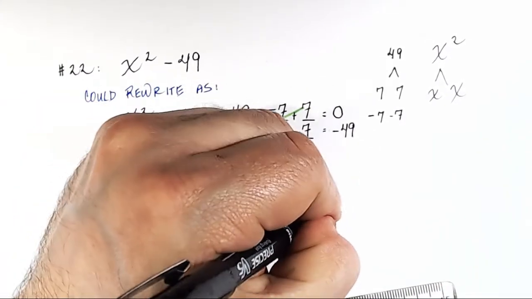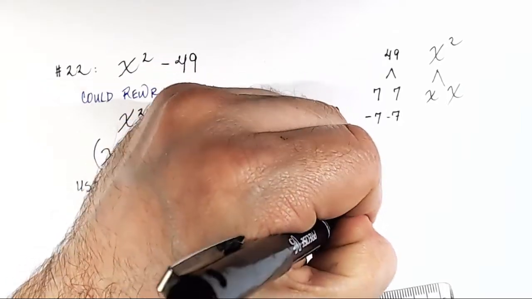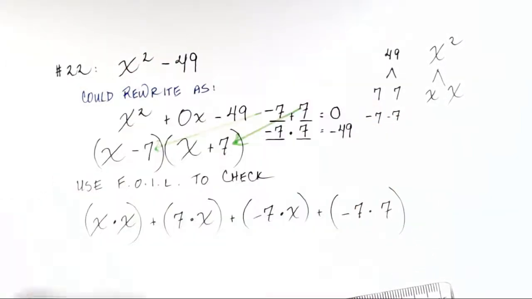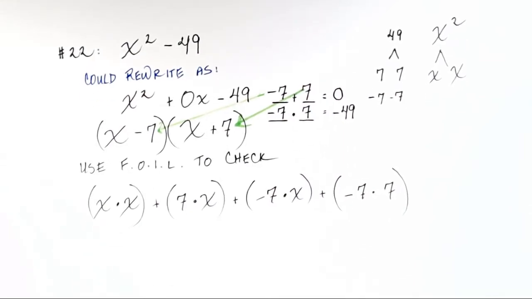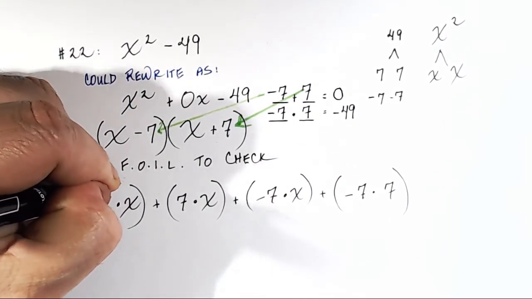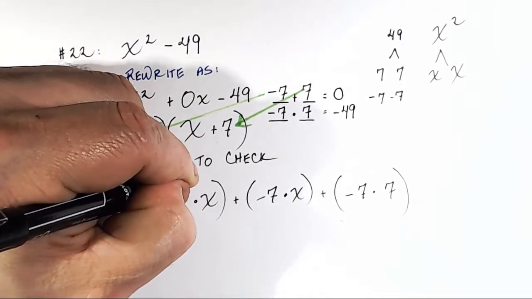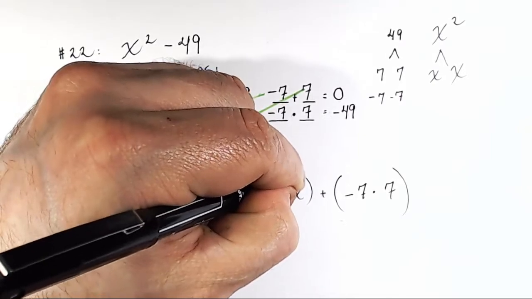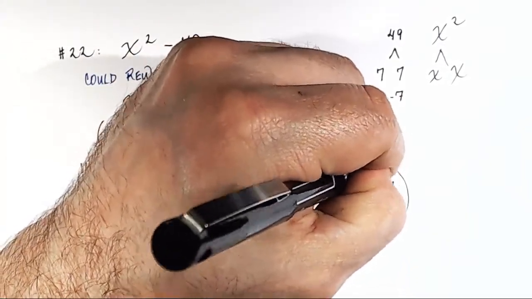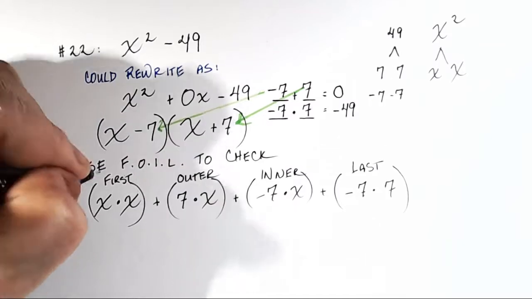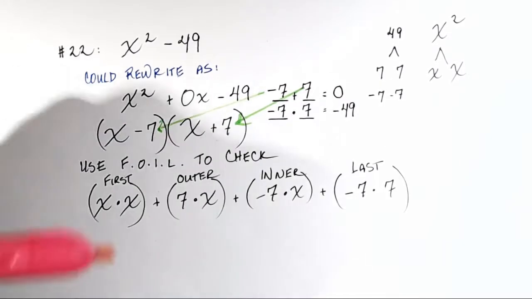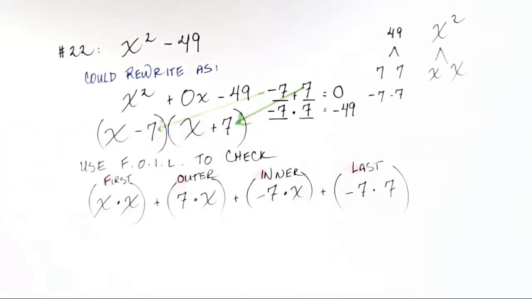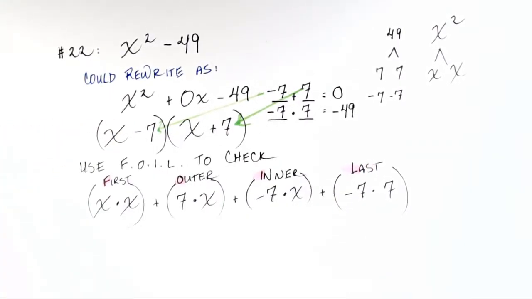Last, plus negative 7 times 7. All right, this is FOIL: first, outer, inner, last. F-O-I-L. It's just a little trick, you know.